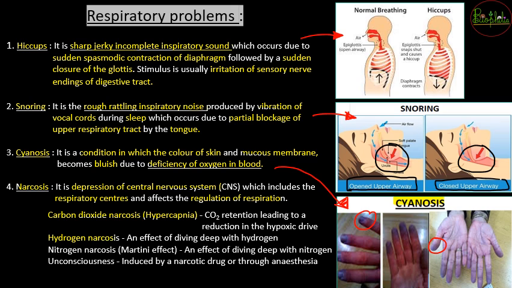सेकंड हो सकता है because of hydrogen narcosis. Hydrogen narcosis generally उन लोगों में पाया जाता है which are undergoing diving deep. Okay, deep oceans में जो divers होते हैं, they can have condition of hydrogen narcosis when they are using hydrogen to increase the partial pressure in their cylinders. अगर hydrogen नहीं use हो रहा है, if they are trying to use nitrogen, then some cases there can be nitrogen narcosis. Nitrogen narcosis को एक special नाम भी दिया है, that is Martini effect. Okay, other names can be as inert gas narcosis, because nitrogen, as you know, is an inert gas.